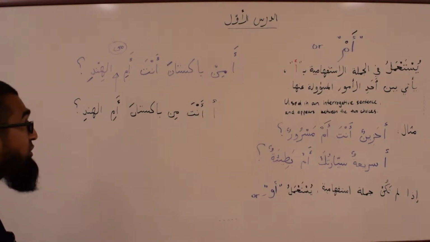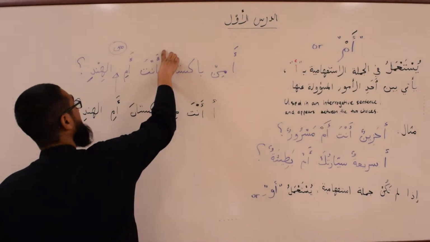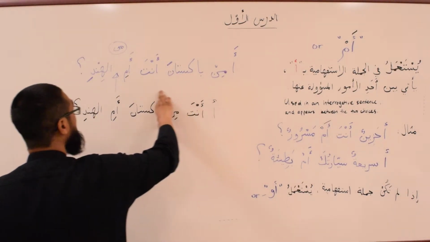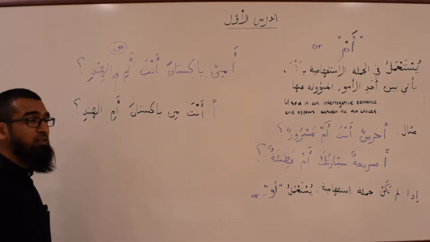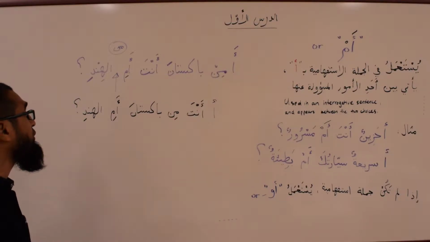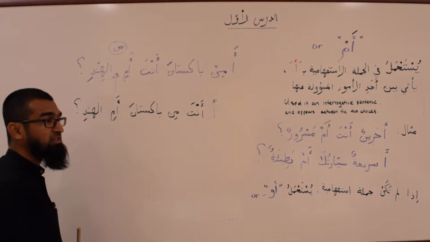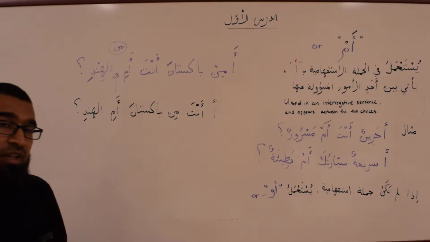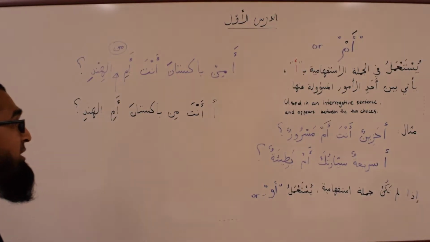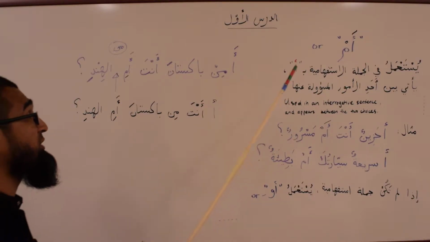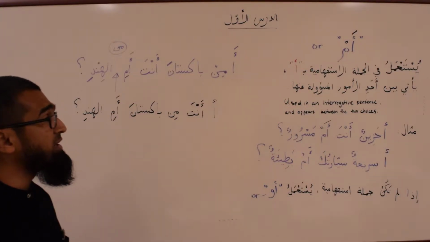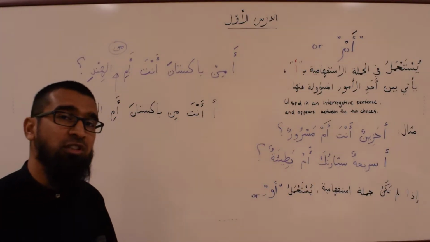The book wants you to use this format. Okay, so the book doesn't want you to use this. All right, but I just want to put it out there because perhaps you may hear this being used and you may question it and think it's wrong. I want you to know that there are different opinions on this, as well as the rules of when it's being used. These are general rules.